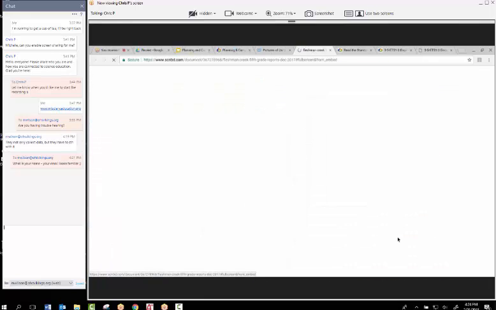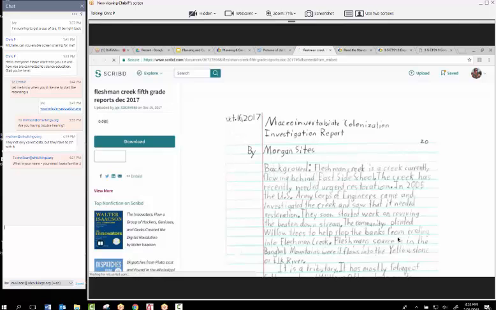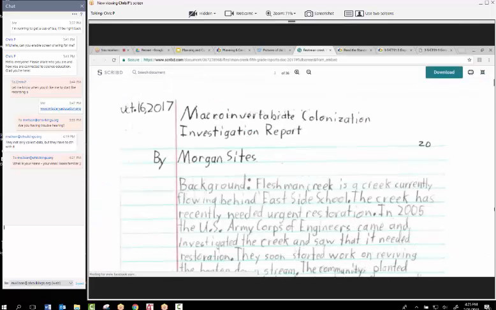Okay, and so what we have here is some reports from 5th graders in their macroinvertebrate colonization investigation report. And so they're required to have certain sections, and this is their summative assessment. The sections had different criteria, kind of like what you would see in the performance assessments that we just looked at.